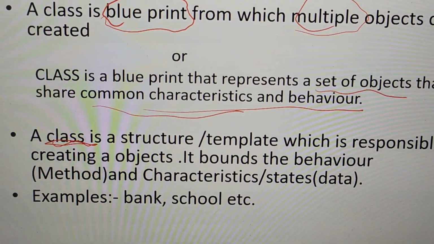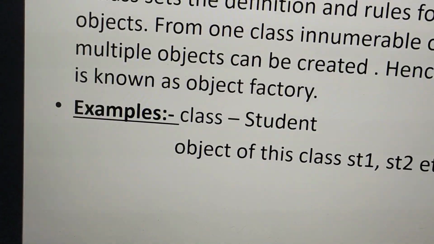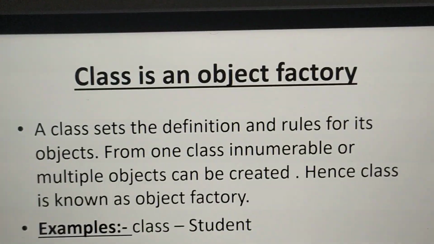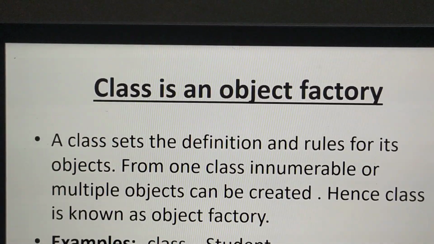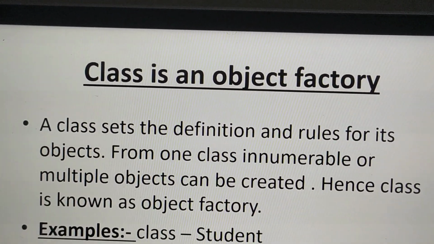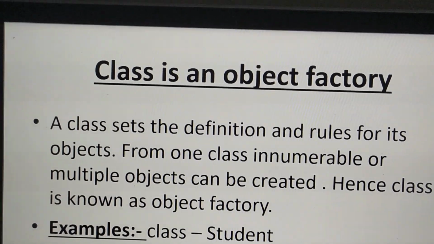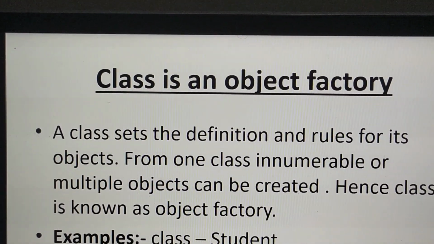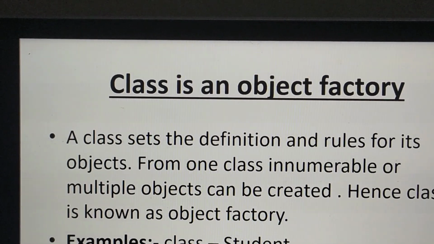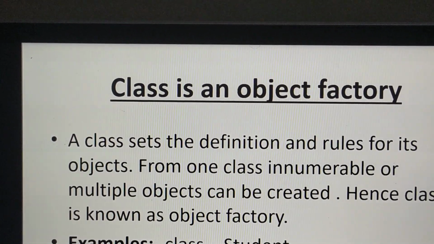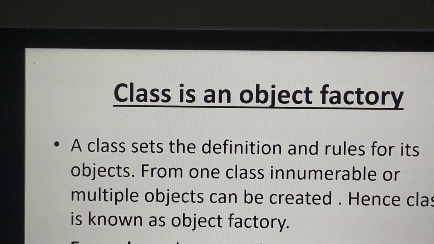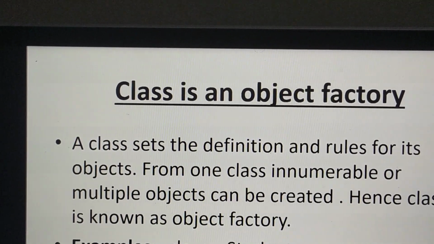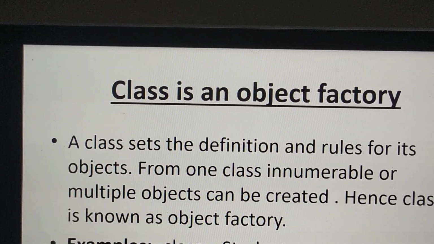Okay. Now, another thing. See in this slide, I have written that the class is an object factory. Why is the class known as an object factory? First we must know what a factory does. All of you are acquainted with a factory.